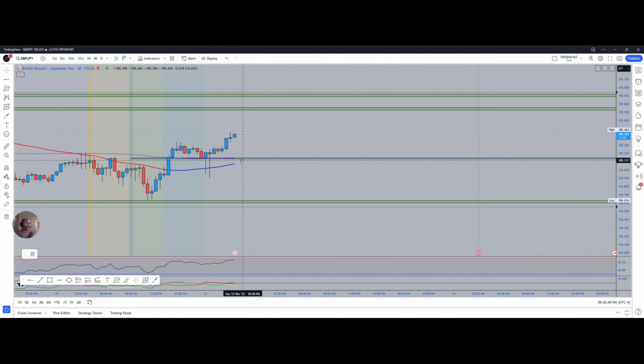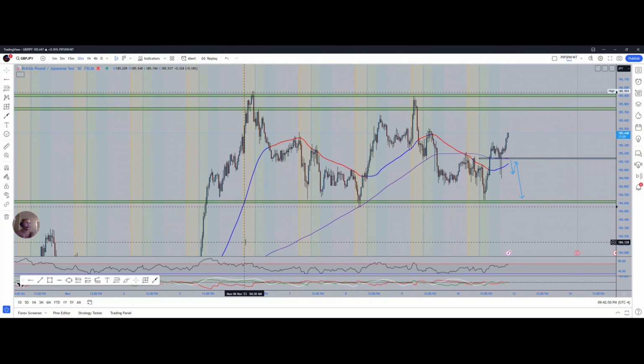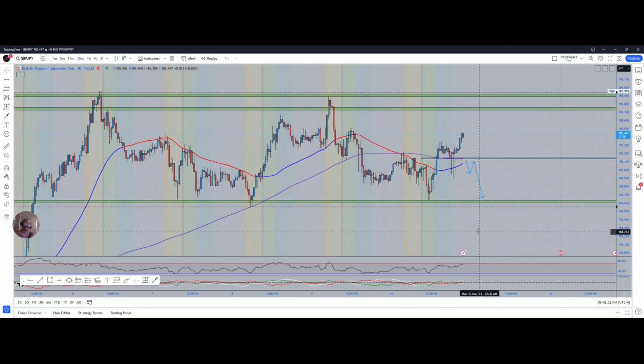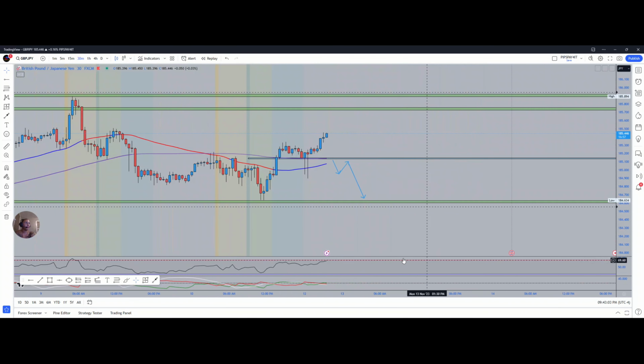Sells down here, it could go like this. Or if you want a really solid sell, you're gonna have to wait a little bit, but you can have solid sells under this bar around where I put the alert, 184.555, for clear sells.